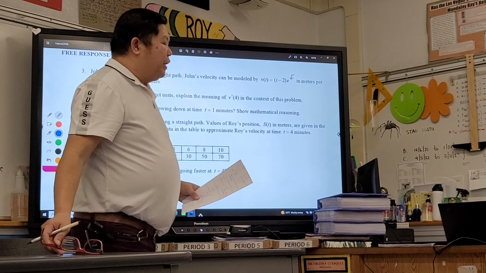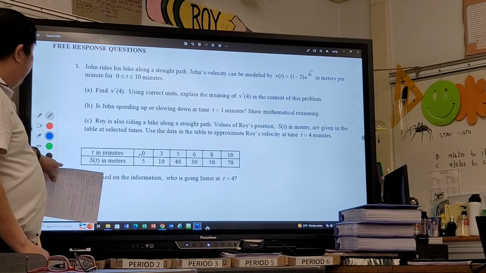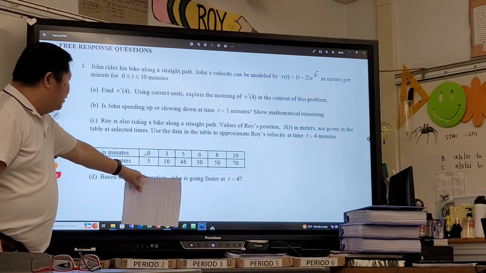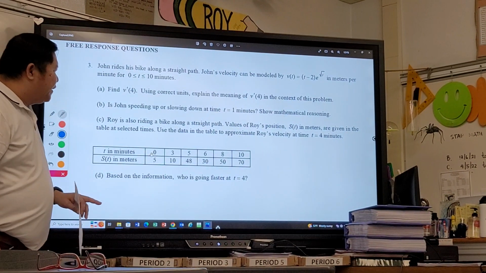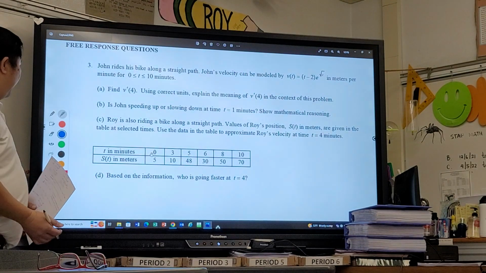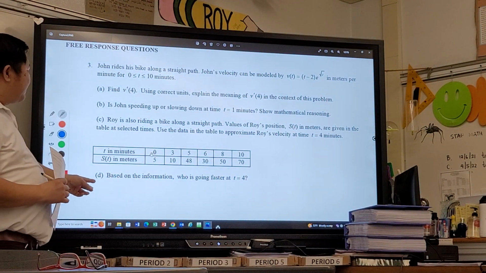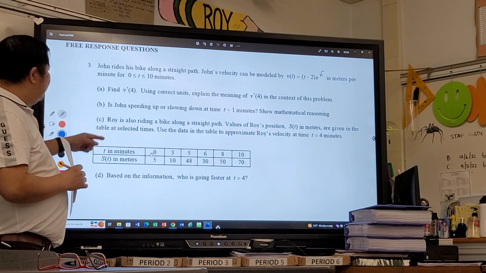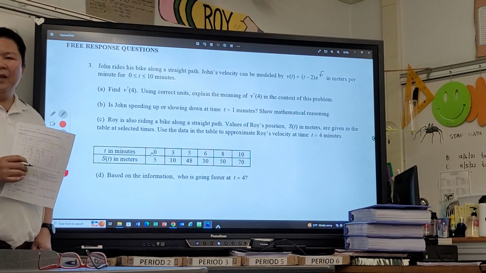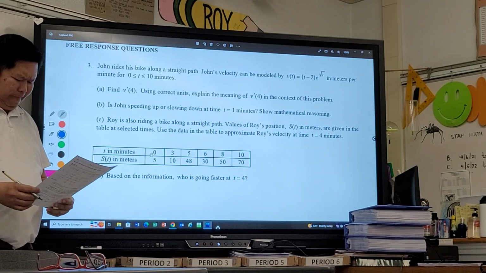Okay, so moving on to question D. It says, based on the information, who is going faster at t is equal to 4? At time 4 minutes. Who is going faster? Is it John or Roy? So how do we do that?